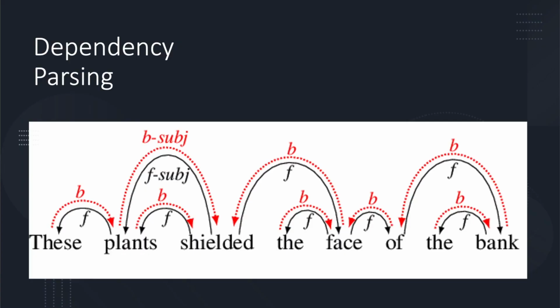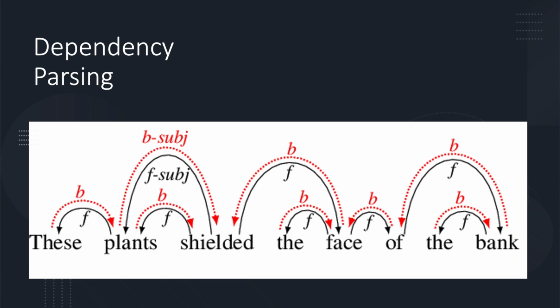Another thing is dependency parsing in NLP. Dependency parsing is what data scientists do next in NLP. The primary task here is to discover the relation between all words in the text.